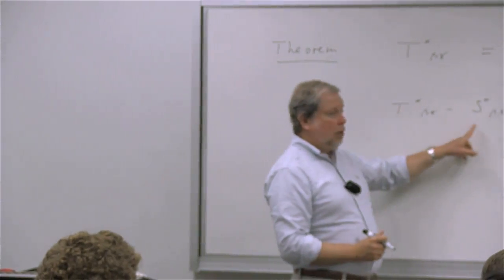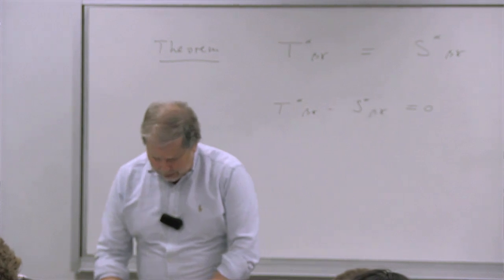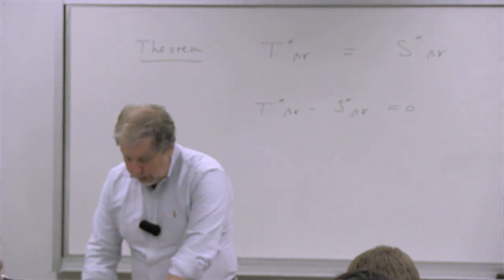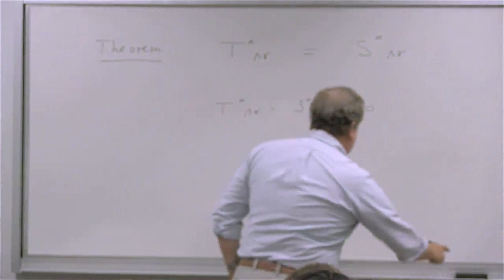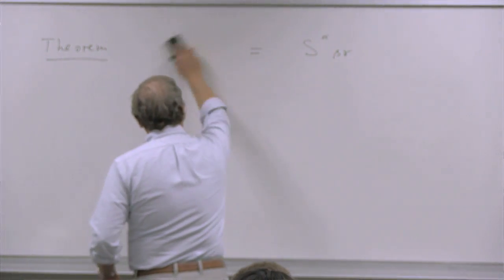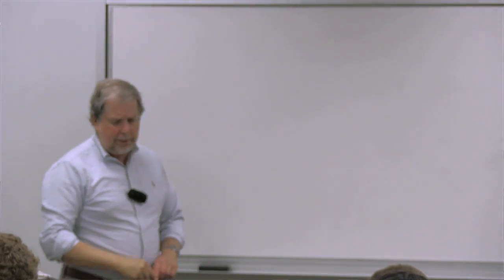Remember, the transformation laws are linear for both of these. So if the difference vanished in one frame, then it will always be 0. Okay, so this is the short introduction of tensors and the generalization and manipulations that we have in special relativity.